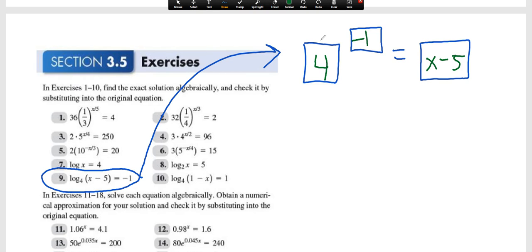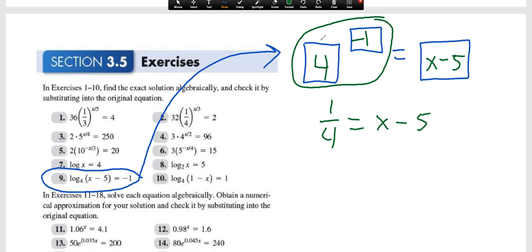What would make it first? That just flip it over. You refuse to combine them together. It's okay. What is 4 to the negative first? 1/4. Okay. And now what?